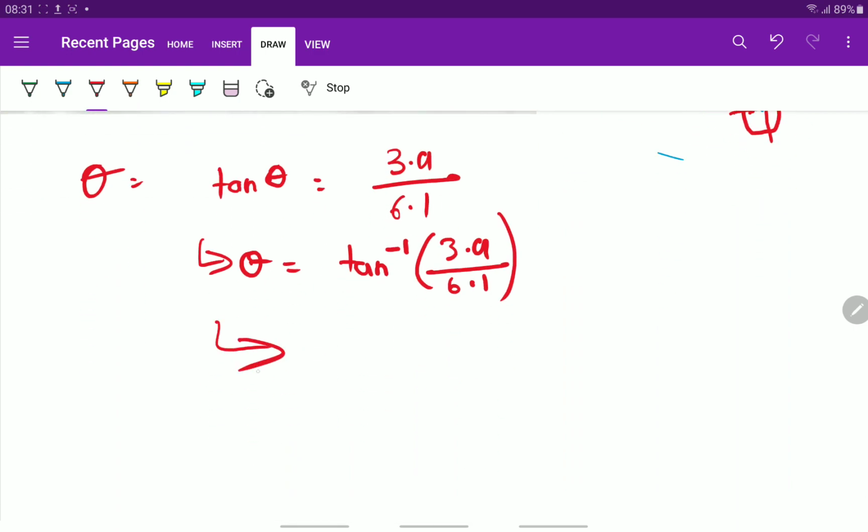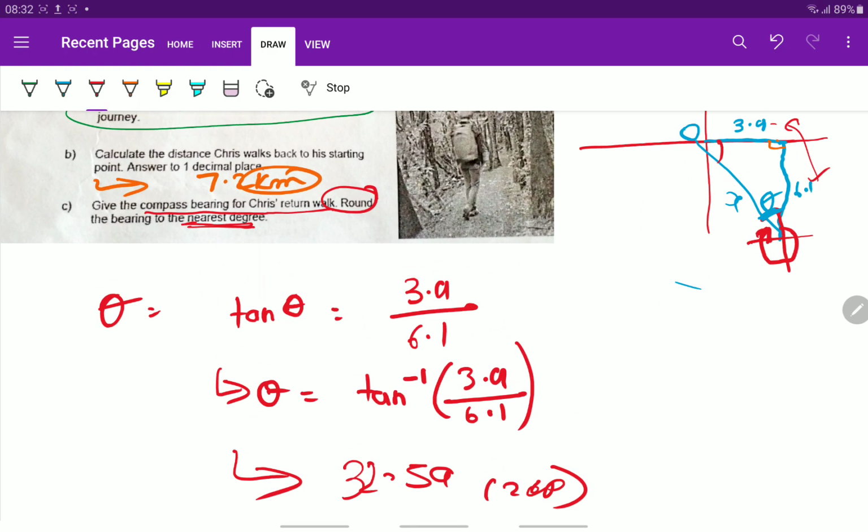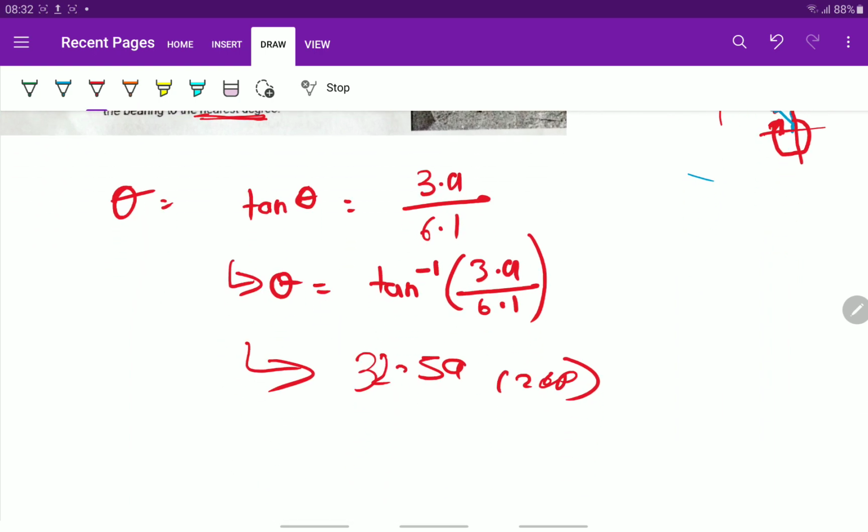Let me put it in my calculator again, 3.9 over 6.1. That should give you 32.59 degrees rounded to 2 dp. Let's just store this in the calculator for now.